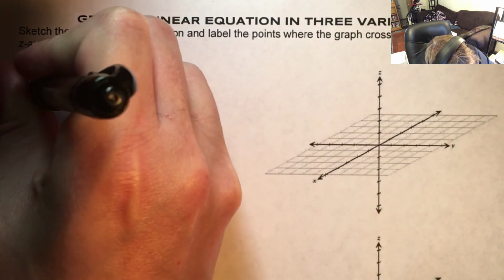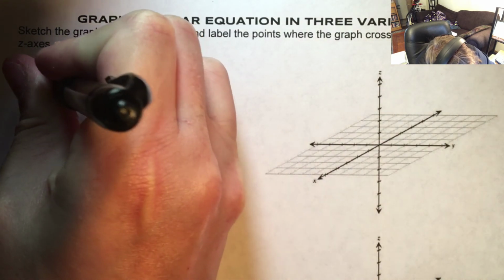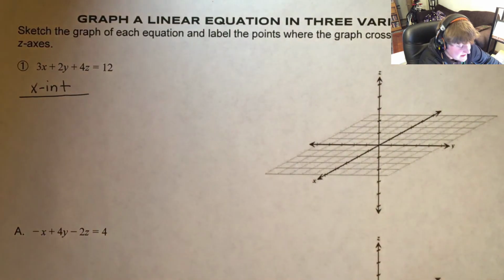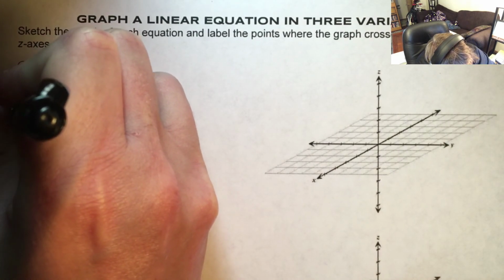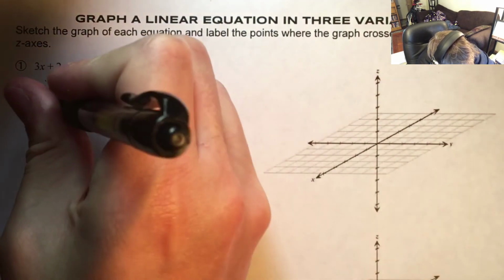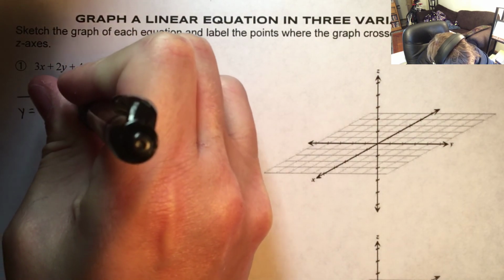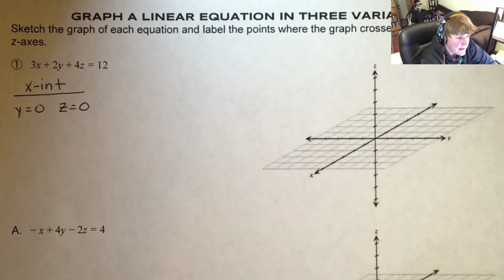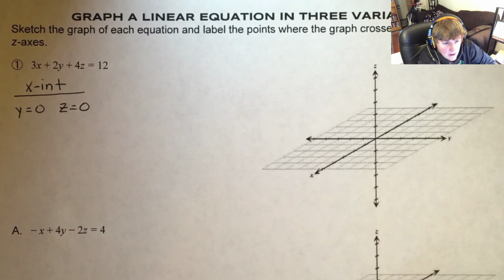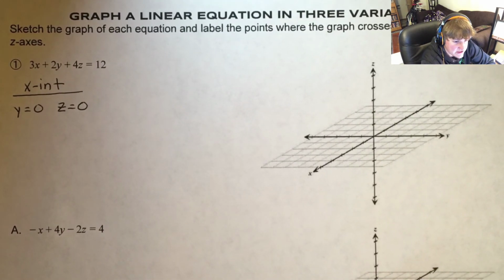So if I have this equation here and I'm trying to find the x-intercept, there are two things that I know are going to be true. I know that my y value is going to be equal to 0, and my z value is going to be equal to 0. I would also suggest maybe putting a little cross through your z's, as they often will look like 2's. This will help you differentiate between a 2 and a z.